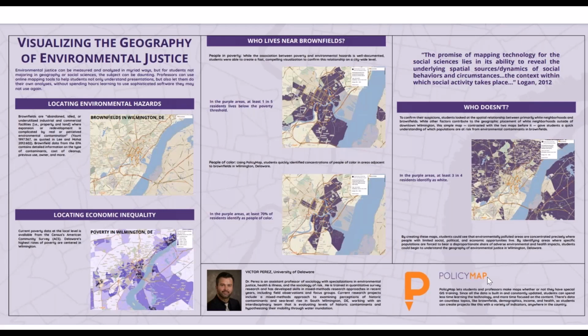And then he mapped poverty: what areas or census tracts in Wilmington have the highest rates of poverty? Being able to layer that data really allows his students to see and visualize the areas that are more prone to health conditions, disease, or chronic conditions because of these different environmental factors.